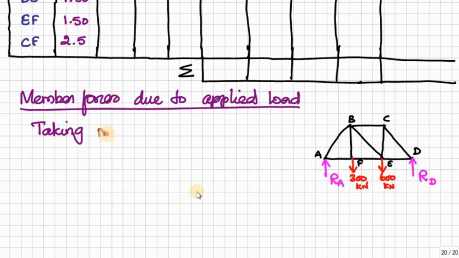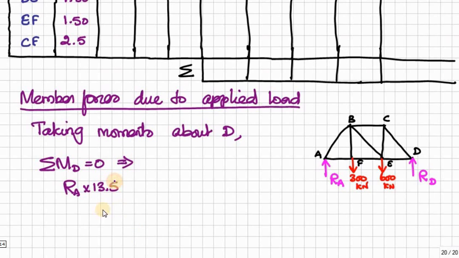Therefore first we have to find out RA and RD using sigma M equal to 0 and sigma V equal to 0. Checking moments about D: RA into this distance, 4.5 plus 4.5 plus 4.5, minus 300 into this 9 meter, minus 600 into this 4.5.